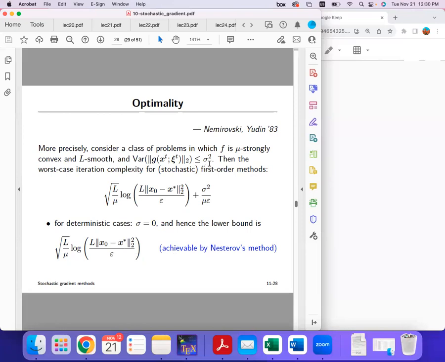But in the noisy case, when we talk about stochastic gradients, not full gradient, the lower bound has this additional term that involves the variance of the noise. So the noise will make the problem much harder, and then the convergence rate is limited to 1/epsilon in this case.